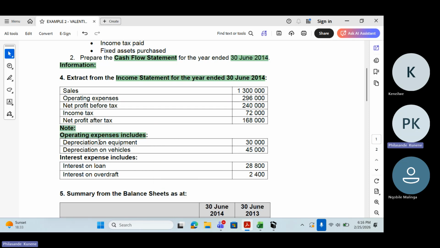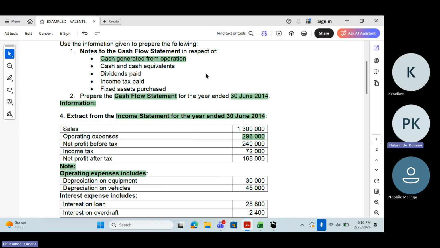So these are the things that are included in the operating expenses, the amount of 296,000 that we have there. There's depreciation on equipment for 30,000. There's depreciation on vehicles for 45,000 rands. Okay, we know where that information goes. It goes to the cash generated from operations.